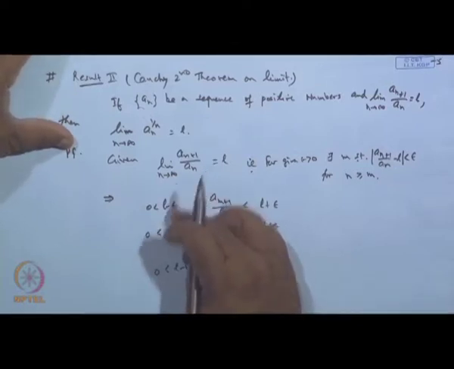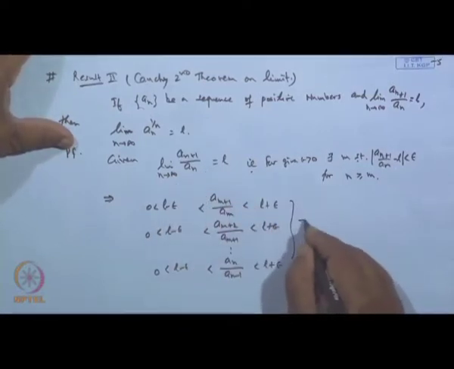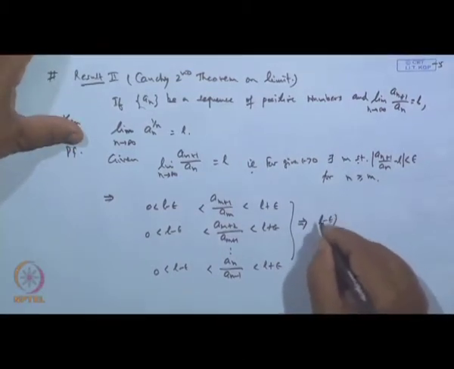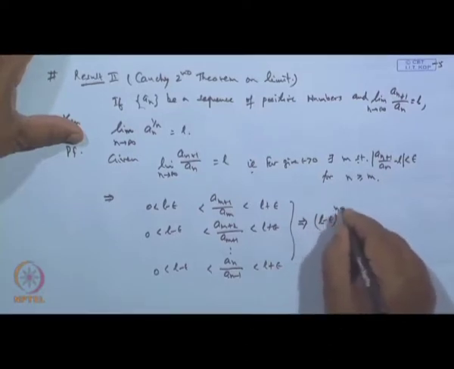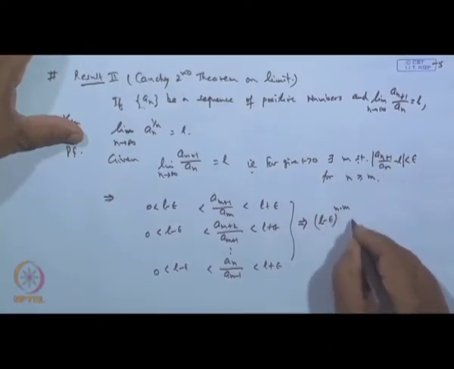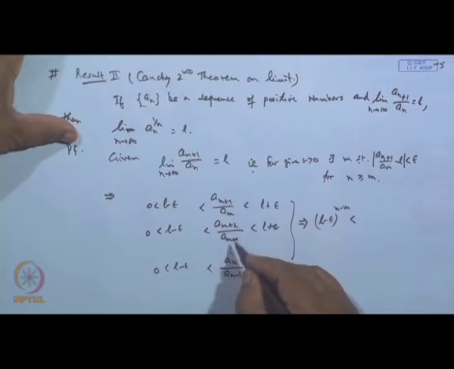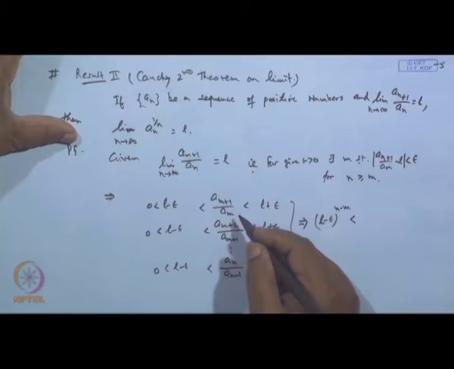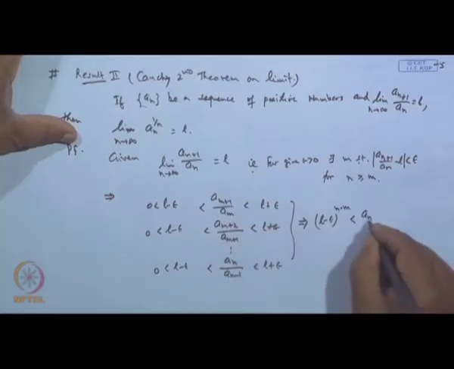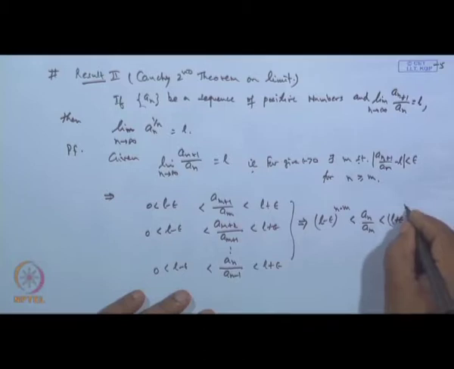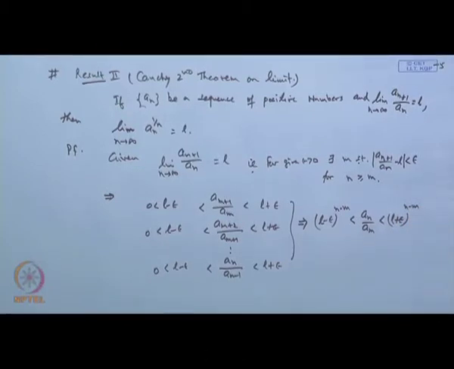So, this implies that (L minus epsilon) to the power n minus m is less than, if you multiply this, the terms cancel telescopically, so a n over a m is left only, which is less than (L plus epsilon) to the power n minus m, where n is greater than m.